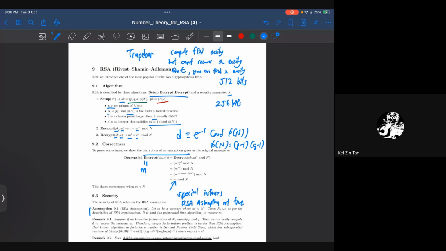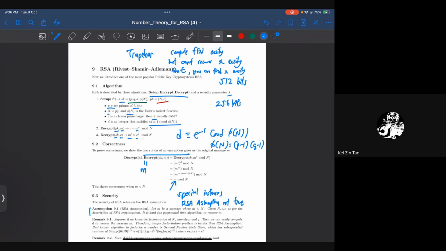Cryptography is not just about trapdoor functions. Trapdoor functions are used by public key cryptography. Symmetric key cryptography doesn't require trapdoor functions. It only requires one-way functions. But a trapdoor function is a stronger thing, it's harder to get. It's not easy to find trapdoor functions.